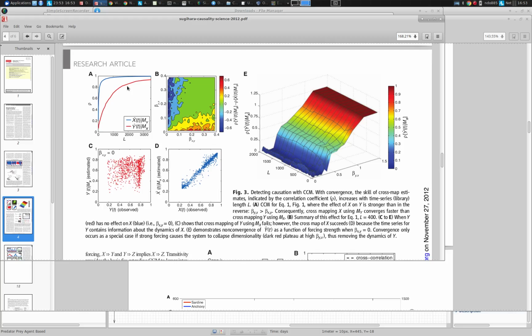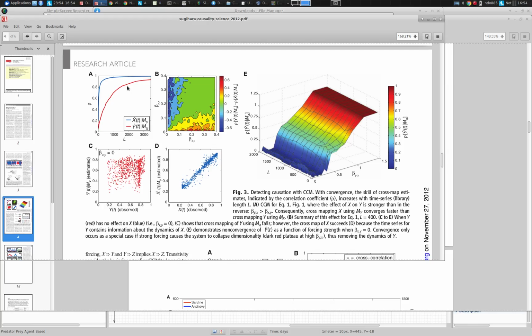When you don't have Y influencing X, you're going to get correlations which are poor. If Y is influencing X, you're going to get correlations which are high, which vary from very high to modest based on the strength of Y influencing X. Vice versa, and with reciprocal causality as well.